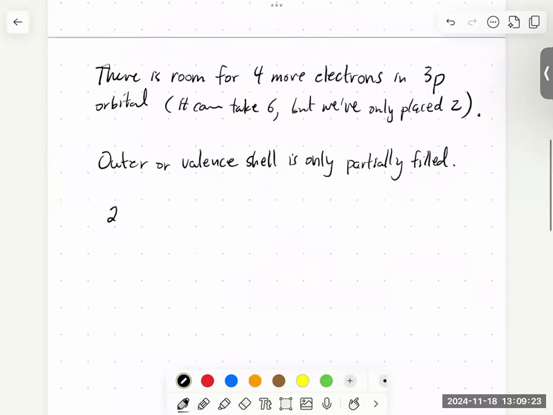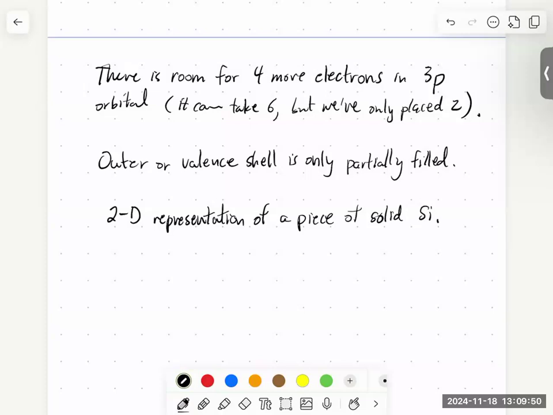So we're going to attempt to draw a 2D representation of a piece of solid silicon. Now, of course, solid silicon is a three-dimensional object. It's not a two-dimensional sheet, but it's going to turn out that what we draw for this 2D representation contains all of the essential physics that we're going to need.